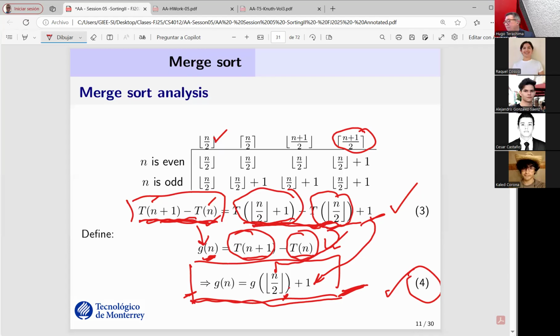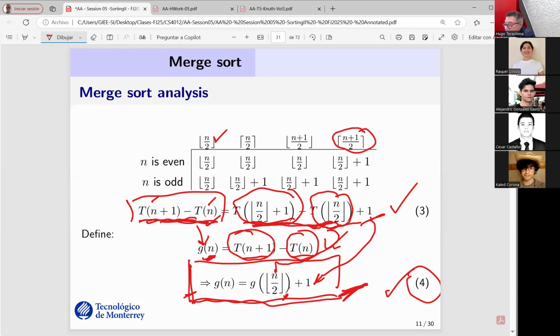Right? Okay. Thank you. Something similar we did with the average case of quick sort somehow. We also used a of n and a of n minus 1 or something like that. But it's the same idea.